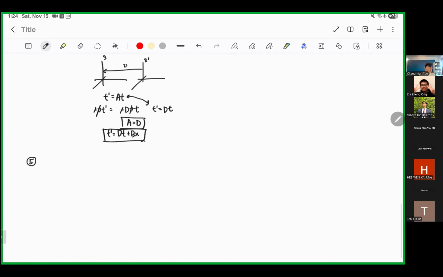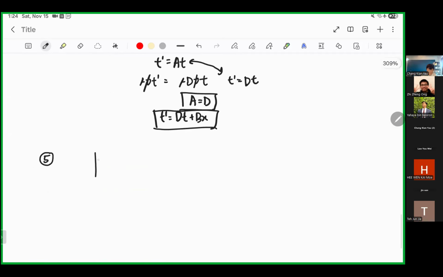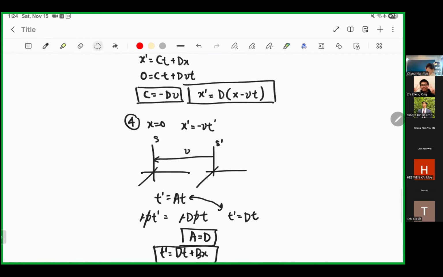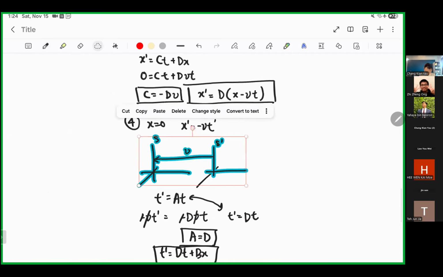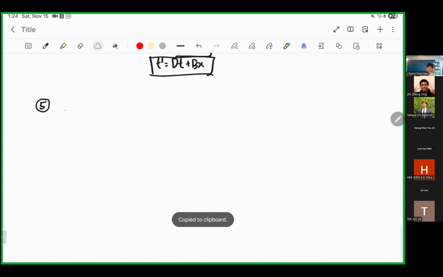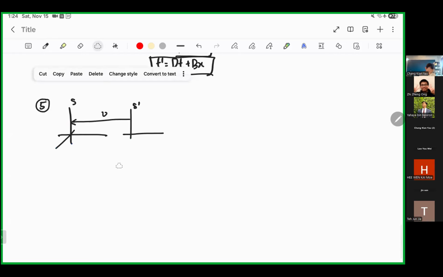So let's say I have a, okay, and just in the same diagram again. And let's say I have a light ray that's moving, right?